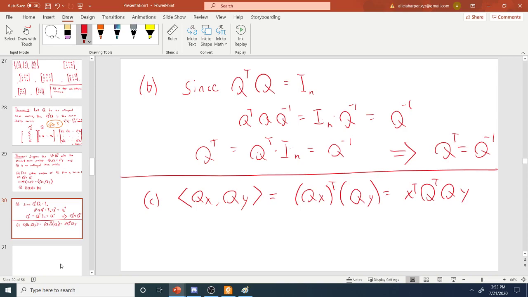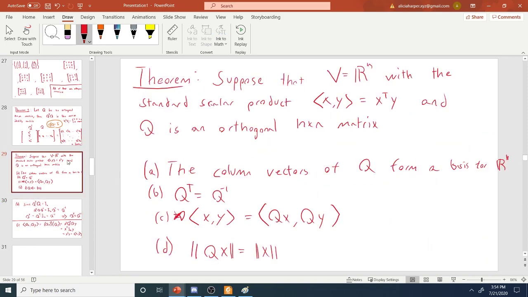And as we know, Q transpose times Q is the identity matrix, so this is x transpose times the identity matrix In times y. And you multiply y by the identity matrix, you just get y, so this is x transpose times y, which of course is just the inner product of x and y. So that completes the proof of part C, and that tells us that the matrix Q, when we apply it to a pair of vectors, it preserves the inner product.